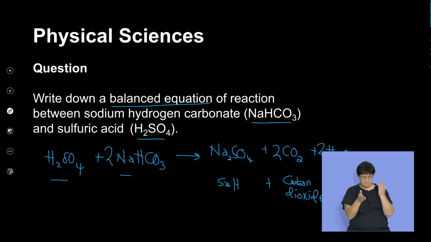So if we check if indeed our reaction is balanced, I think it would also give us the stoichiometric ratio in which these substances react with each other. So a mole of sulfuric acid reacts with 2 moles, right, of the sodium hydrogen carbonate to form 1 mole of the salt, 2 moles of carbon dioxide, and 2 moles of water.